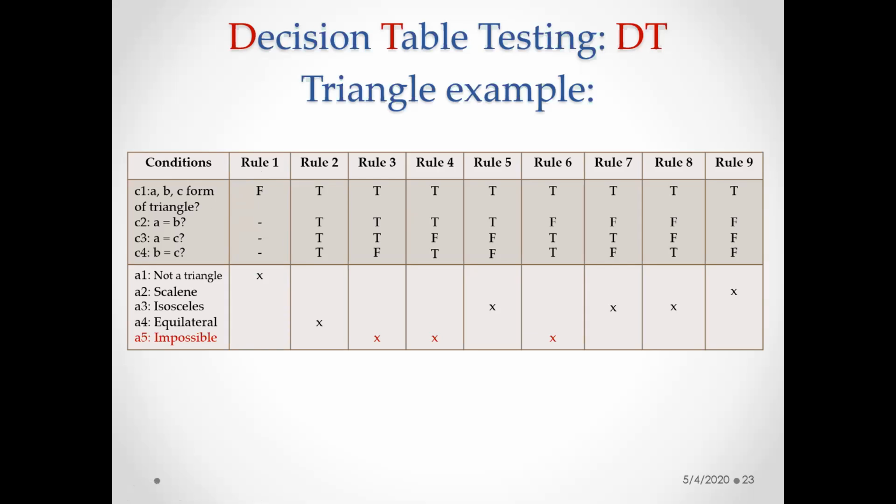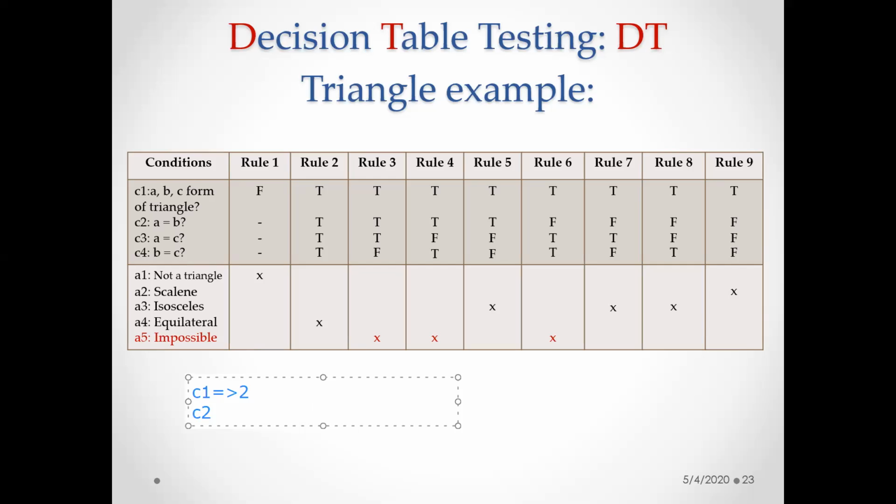Otherwise, how many rules would we need to have? 4 conditions are there, right? C1 will be yielding 2 entries, true or false.